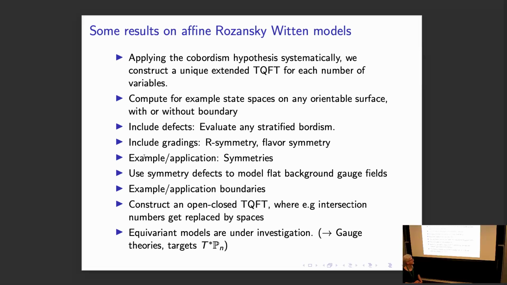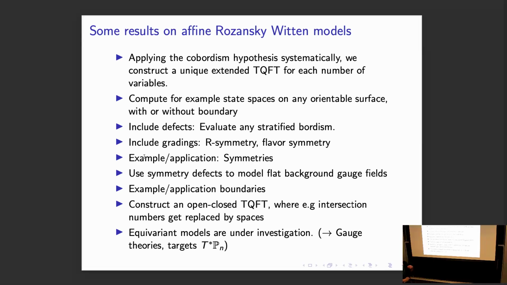It just means that all these state spaces we have computed get some grading, and we can drag along these symmetries. In this target geometry T*Cn, we have some Sp symmetries, and all these symmetries can be implemented by defects.